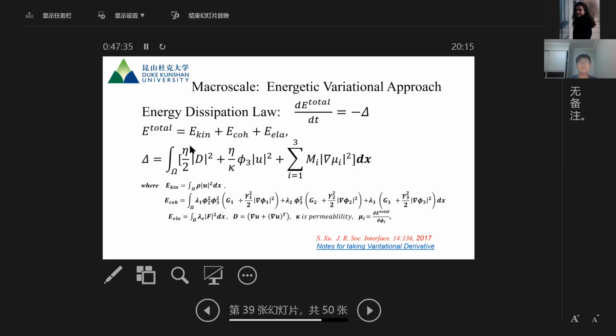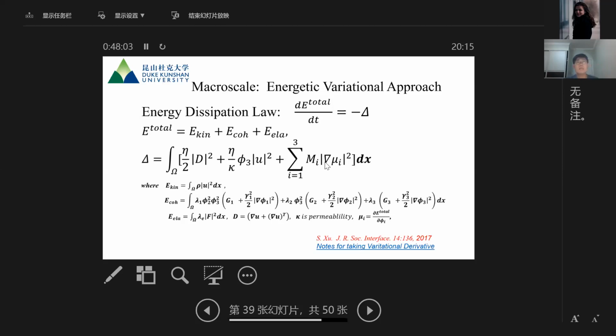This is my first term, the friction dissipation. The third term is because there are interactions between different components. So there is irreversible mixing, which means there is only one direction of mixing. So this is a local energy dissipation due to the interaction between different components.